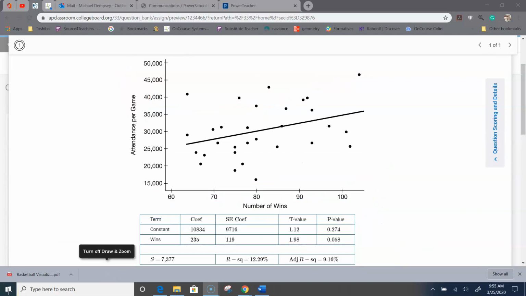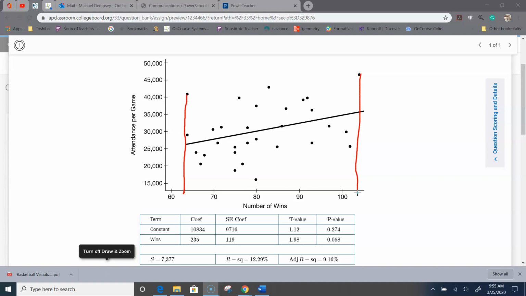So the second question says, why should we not use this model to predict attendance for a team with 0 wins? Well, that's because this model was never intended to be used for a team with 0 wins, right? This model is only appropriate for teams with this many wins, 60 some, all the way up to 100 and some wins. If we have anybody that has more wins than that, this model is no longer appropriate.